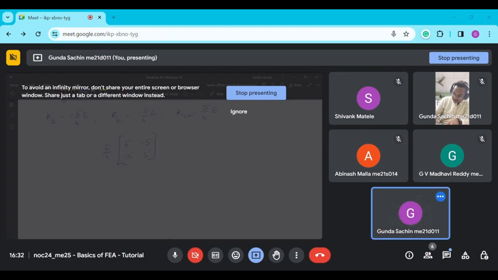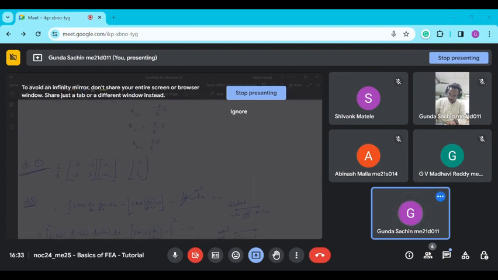So your equation would look like e by 4, [5, minus 5; minus 5, 5] times [u1 2, u2 2] equals [q1, q2].